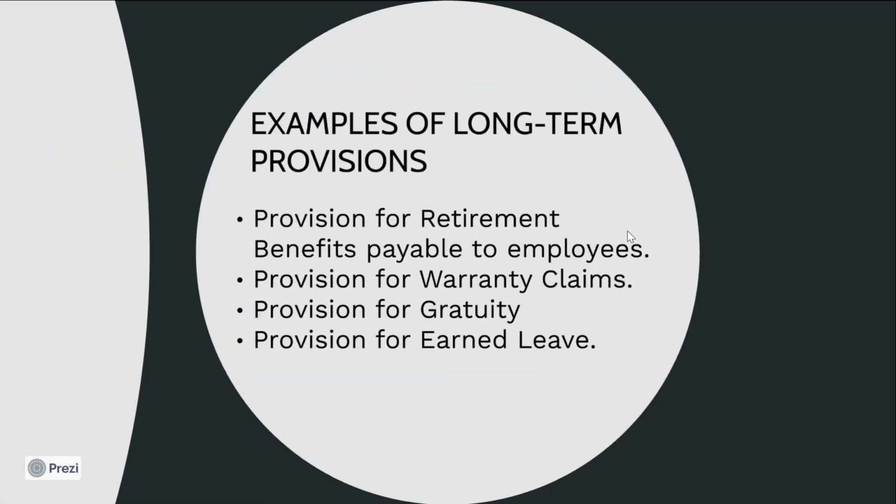Examples of long-term provisions: provisions for retirement benefits payable to employees, provision for warranty claims, provision for gratuity, and provision for earned leave. So the liabilities over here, the retirement benefits payable, the warranty claims, gratuity, earned leave, etc., are obviously long-term liabilities. So a provision to meet such a liability will be a long-term provision.